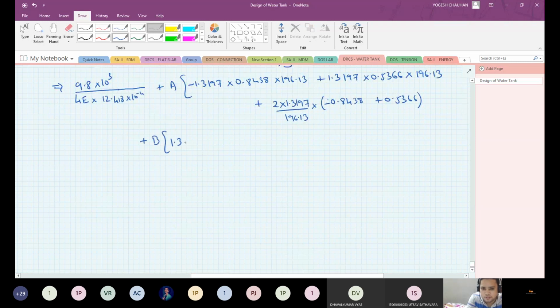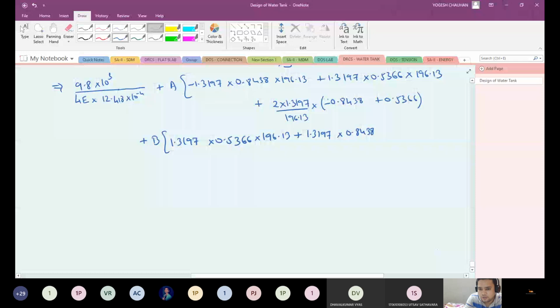Plus b into 1.3197 into 0.5366 into 196.13 plus 1.3197 into 0.8438 into 196.13, this is equal to 0.